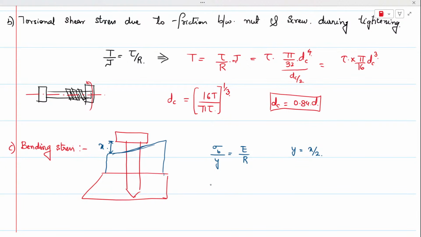So sigma by x by 2 is equal to E by R, where R is the radius of curvature, that is, the length of the bolt. So sigma B, the bending stress, is equal to E into x divided by 2 times L. So whenever the surface is not normal to the shank diameter or cross section, the bolt is going to suffer bending stresses.